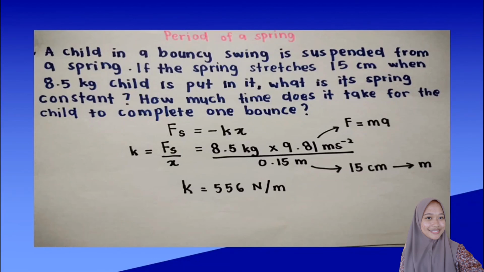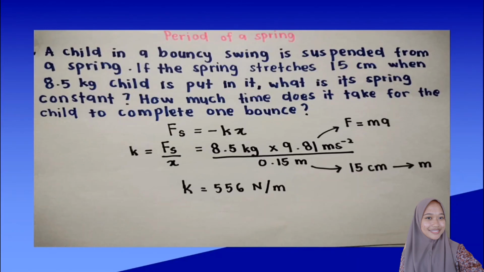So formula bagi F ialah F sama dengan MA. So mass kita ada, A pun kita ada, so X pun kita ada. Cuma X tu kan dalam sentimeter, so kita tukarkan 15 cm tu kepada meter. So kita masukkanlah dalam formula dia lepas kita arrangekan F tu.